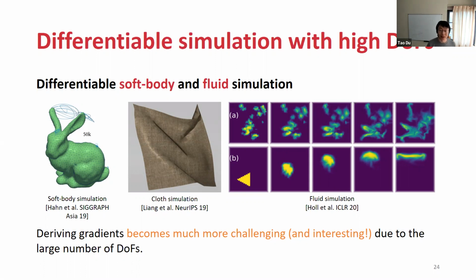All of these works attempted to propose differentiable simulators that can not only evaluate the forward process, but also provide gradient information with respect to the design parameters, shape parameters, material parameters, or control parameters. It is worth noting that deriving gradients for such high degrees of freedom systems is going to be much more interesting, mostly because they have more intricate governing equations and also require more computational resources and computational time.